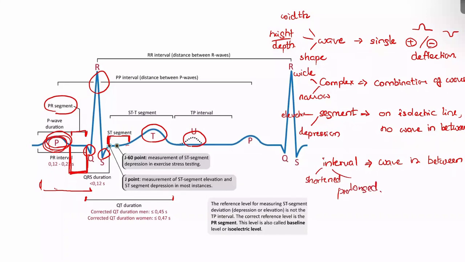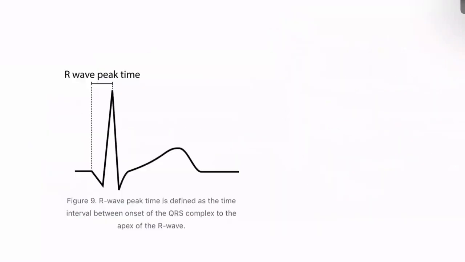Okay, here is the terminology. Sometimes we are confused with the terms interval and segment. An interval has a wave in between, and a segment has no wave in between.